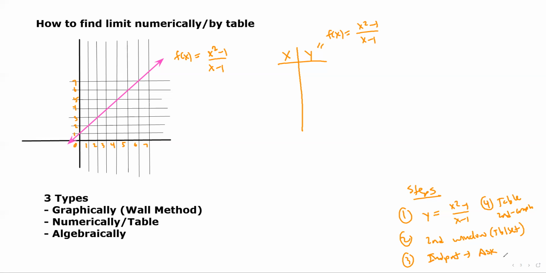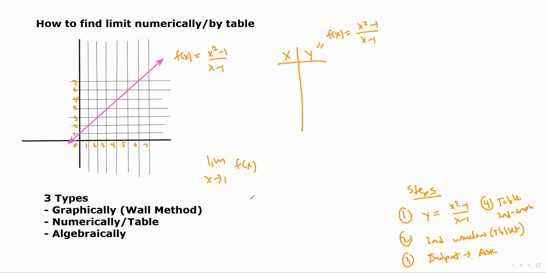Now, the hardest part is to figure out what values to plug in for x to find out what the limit is. In this case, just as we did for the graphical approach, we want to find the limit as x approaches 1 of f of x.